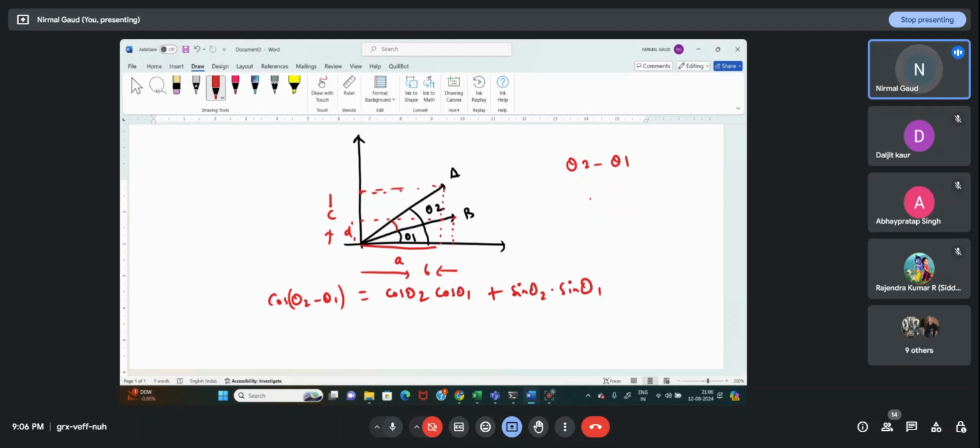So what is cos theta 2? Cos theta is base upon hypotenuse. This is theta 2.